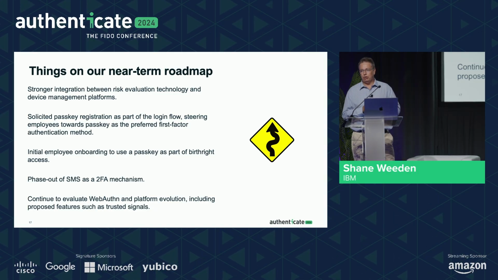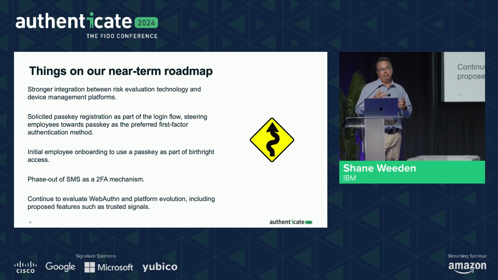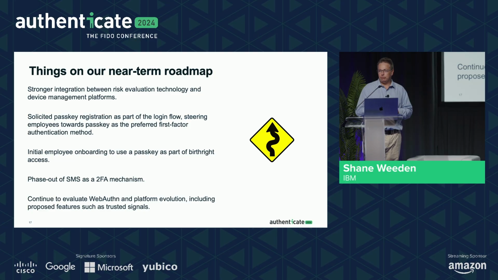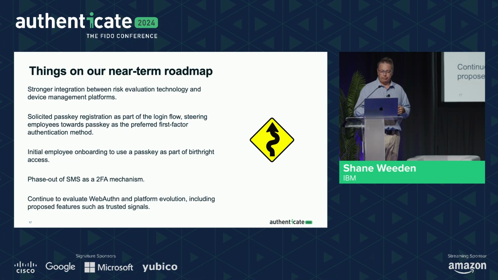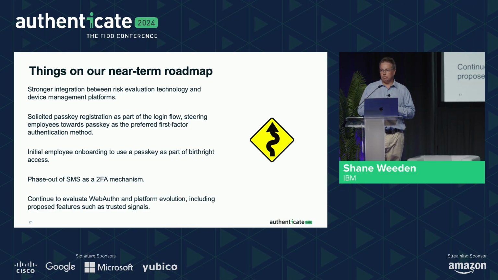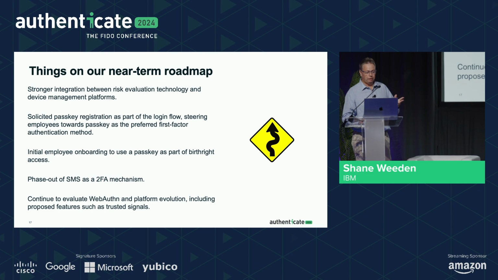And we're also looking, obviously, to enhance the set of factors that go into that access policy decision to minimize interruption when somebody has used a phishing-resistant credential to log in. We do not want to prompt for that second factor. So anything that comes out of the trusted signals group in FIDO is of great interest to us and our team, as well as stronger integration with our MDM platforms, of which we have more than one.